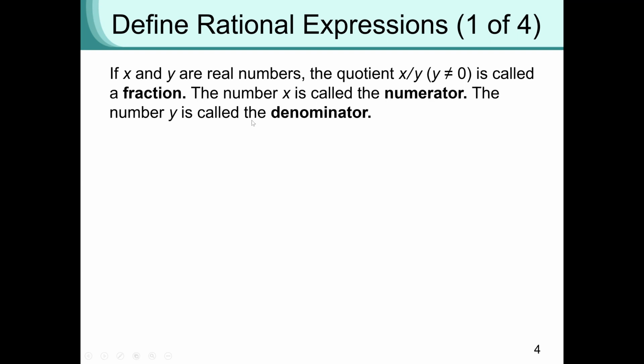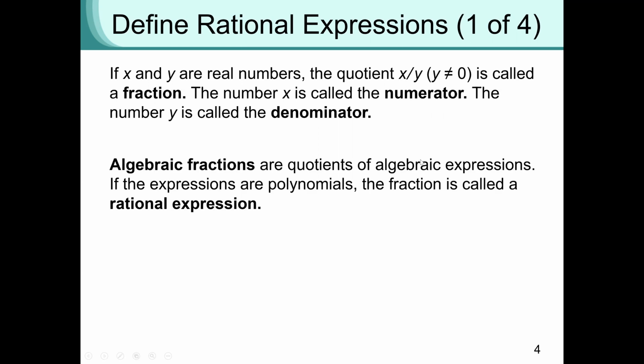So the concept of a fraction is dividing two values. We have the numerator, which will be the x value in this case, and also the denominator. So the rational expression concept is having two variables, or it can be two expressions dividing each other.